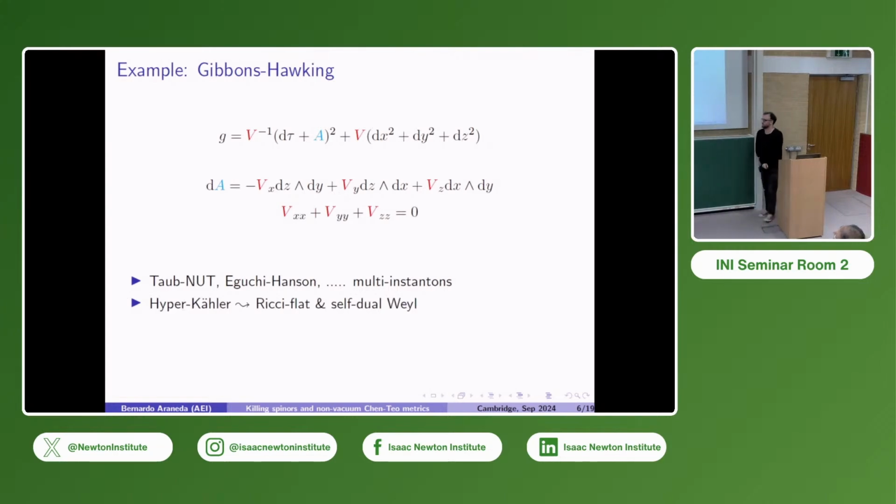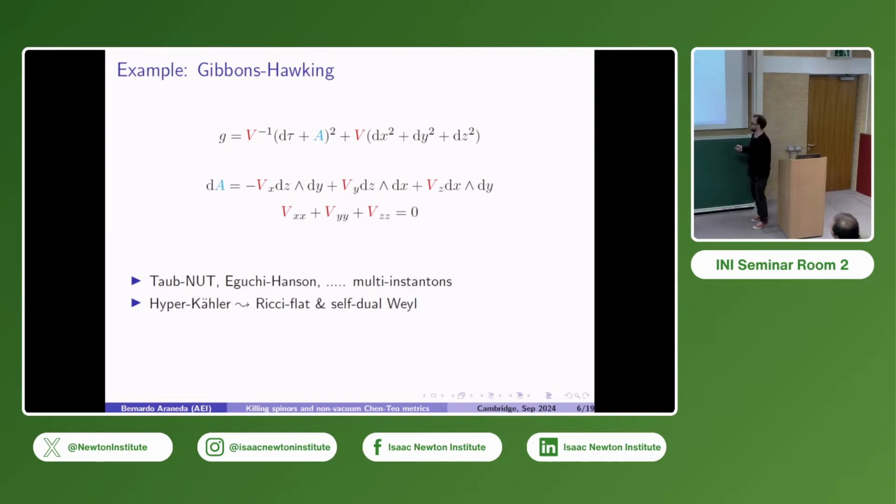This means that there is a two-sphere of complex structures with respect to which the metric is Kähler. In 4 dimensions, this is the same as the curvature condition that it is Ricci flat and the Weyl tensor is self-dual. So the Gibbons-Hawking construction gives you, for any solution to the Laplace equation, a hyperkähler metric via this ansatz.